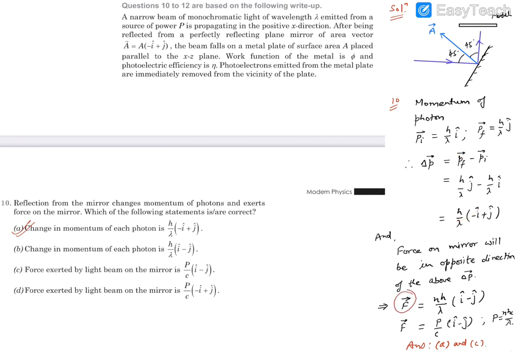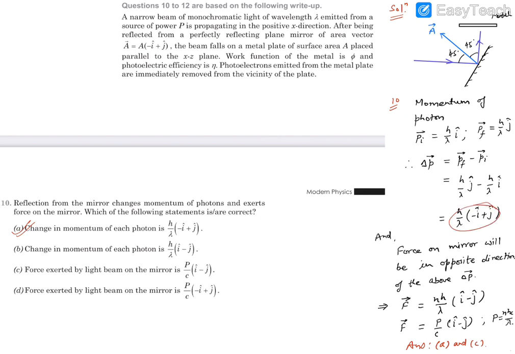And we know the force is basically the rate of change of momentum. Since this is momentum, rate of change of momentum means we multiply by n, which is the number of photons falling per second. So h by lambda times this was the change in momentum of one photon, and if n photons fall per unit time, this becomes the force acting on the mirror.